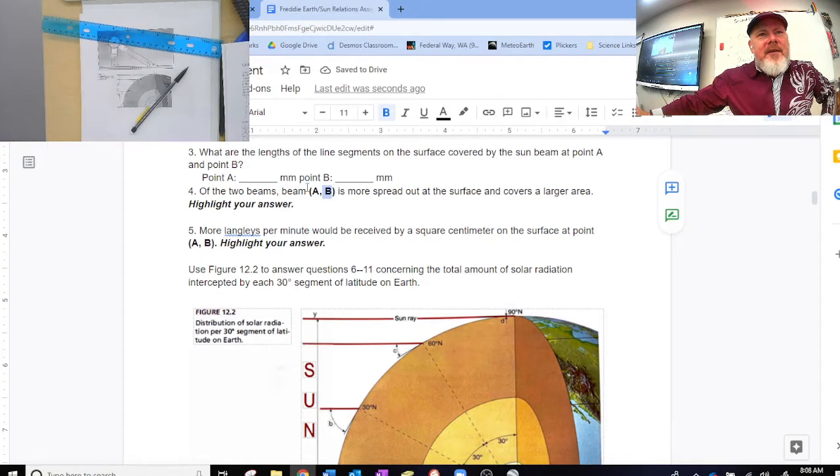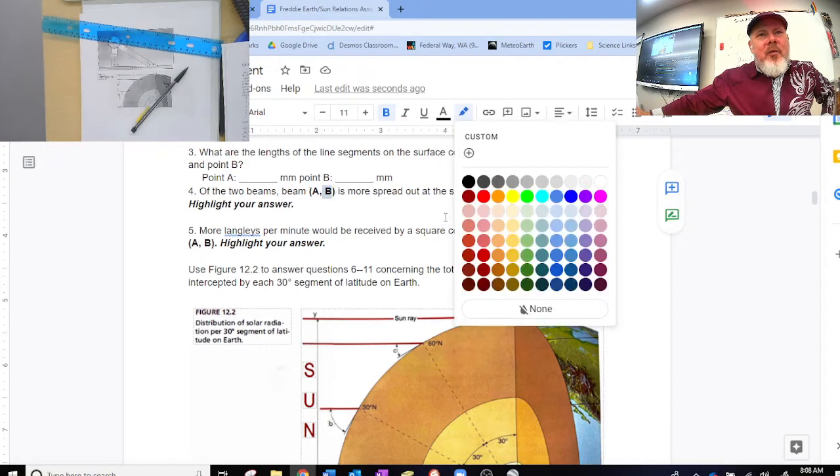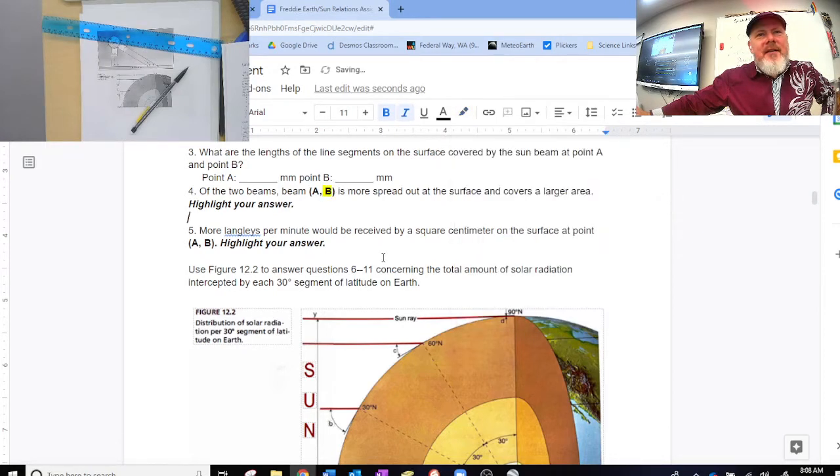So anytime you see these bold parentheses, that means I'm going to want you guys to highlight the correct answer. So which one covers the larger area on the surface of the Earth? Question number 5, how many more Langleys per minute? So Langleys is how much sun radiation is being received by a square centimeter on the surface of the Earth.